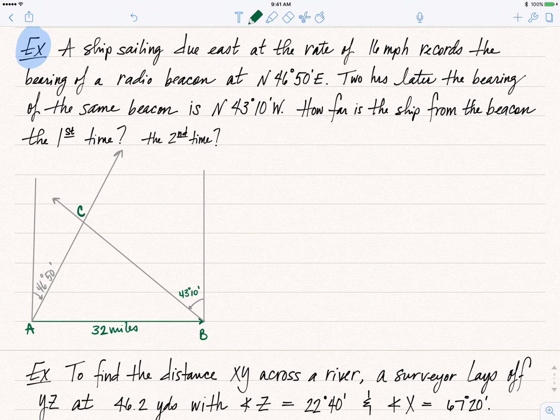In our triangle, we really don't know any angles that are on the inside of our triangle. So one of our goals is going to be to find the angle on the inside of the triangle at point A, and we'll also need to find the angle on the inside of the triangle at point B. Have any ideas how I might do that?